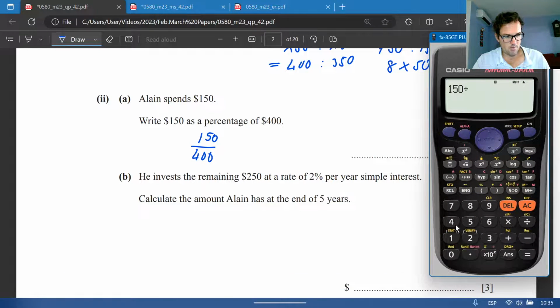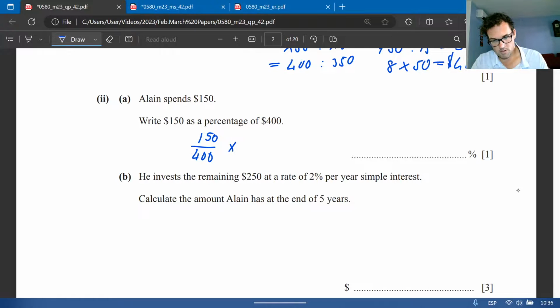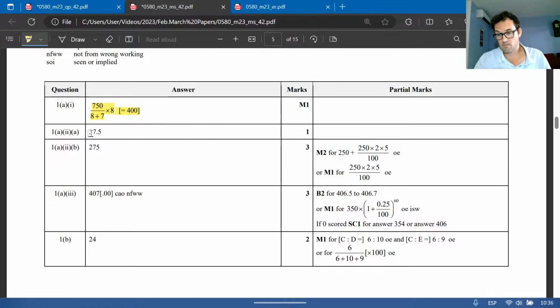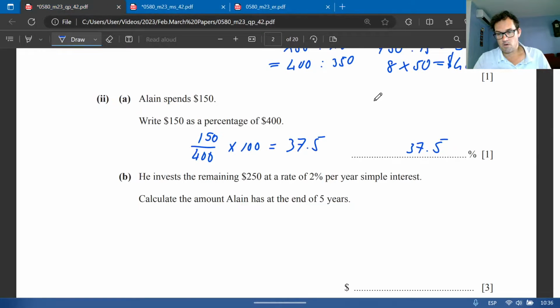That is the decimal value, and if you want the percentage, you just times it by 100. So that's times 100 equals 37.5%. Remember, percentages are just fractions out of 100. There we go, we got it right.